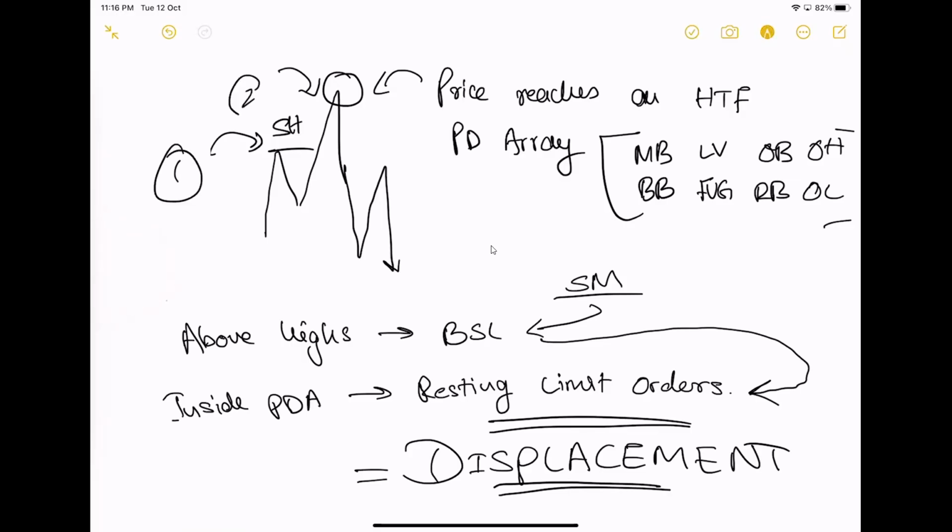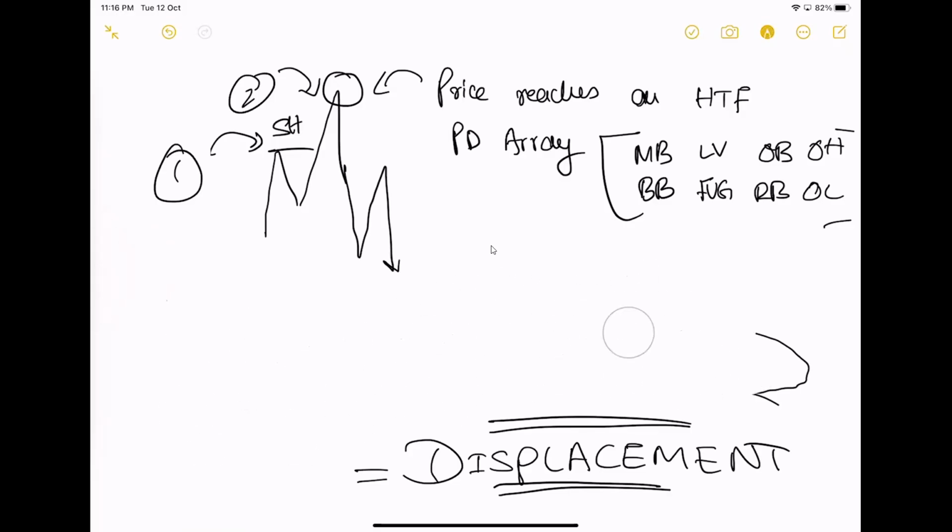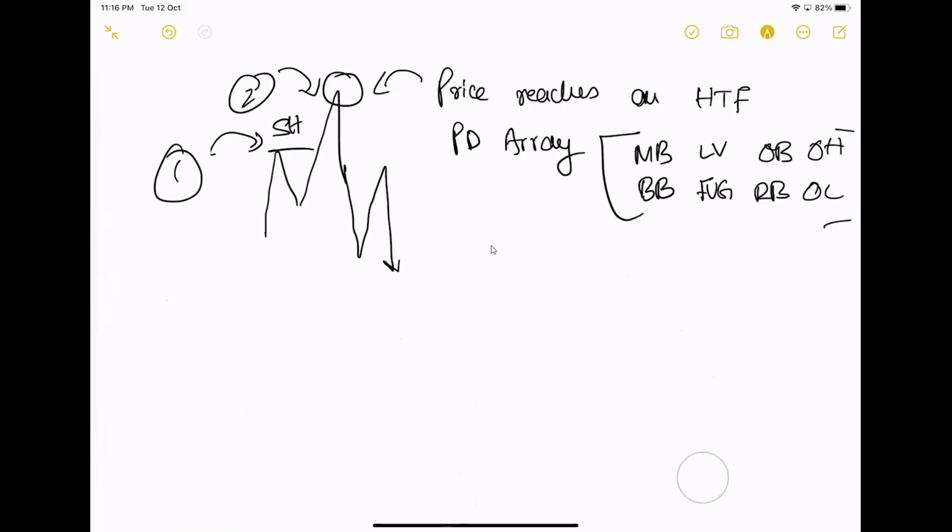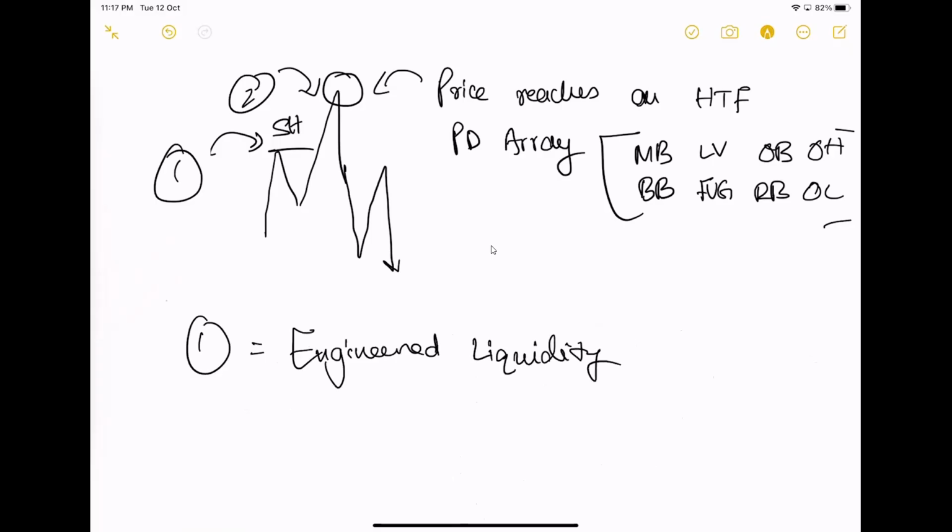So now obviously you can reasonably infer from what I'm saying that the first high formed in a swing high at 1 is what? Engineered liquidity for smart money to absorb. Number 2, what is smart money doing over there?